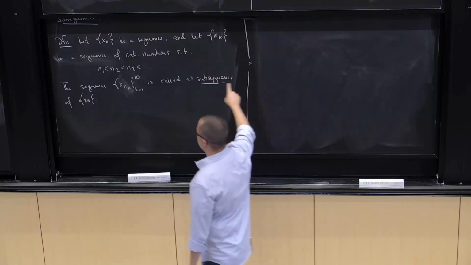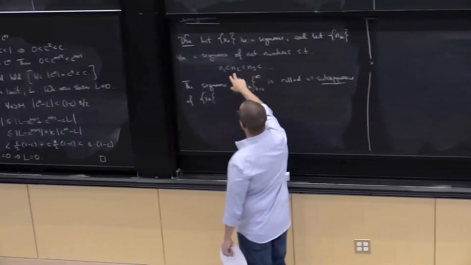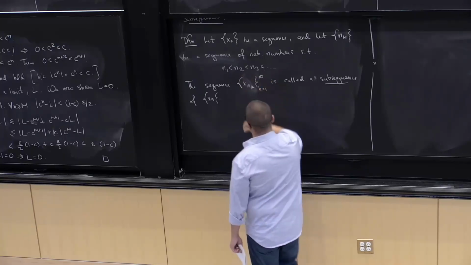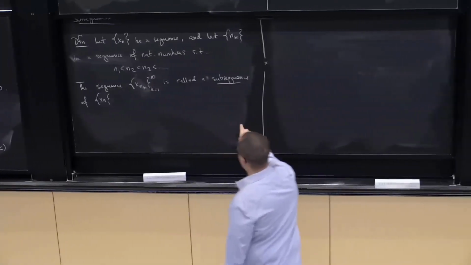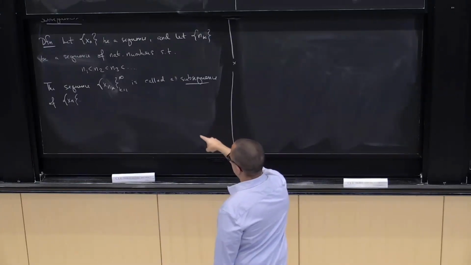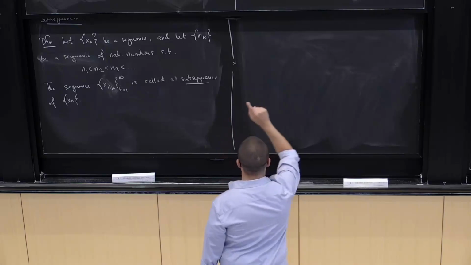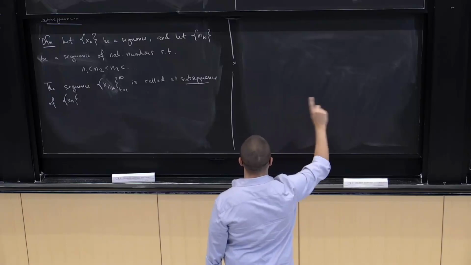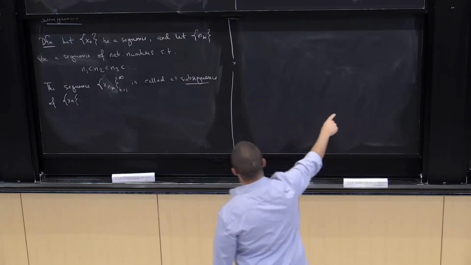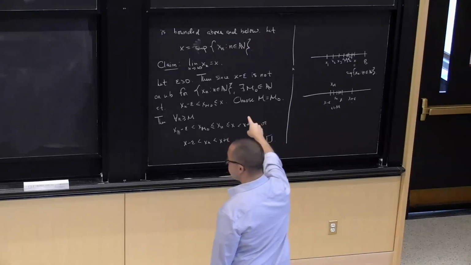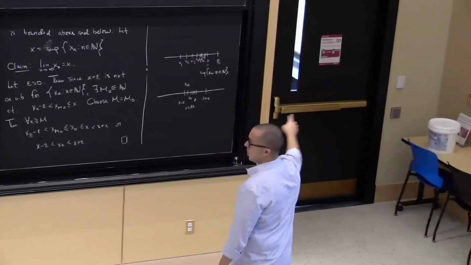That expresses the condition that this sequence of natural numbers is increasing. So I pick an entry in the sequence. That's going to be my first guy, the first element of my new subsequence. And then I move to the right, and maybe I pick the next one. Maybe I pick one three down. I pick that one, and then I move to the right of that one and pick a new one. And then I move to the right of that one and pick another one.